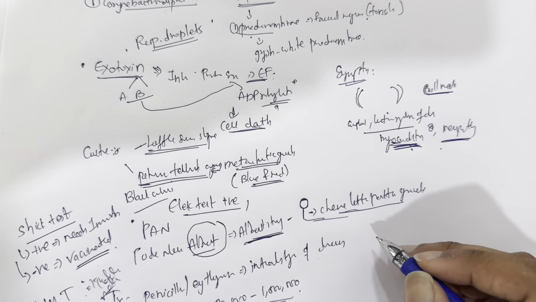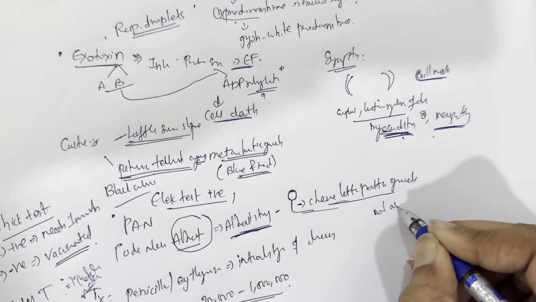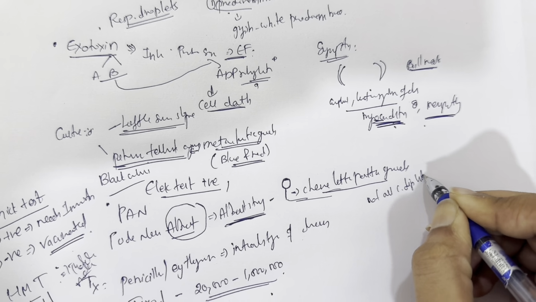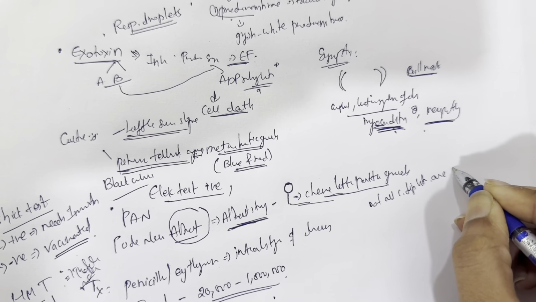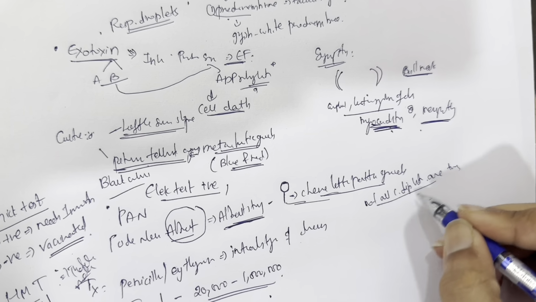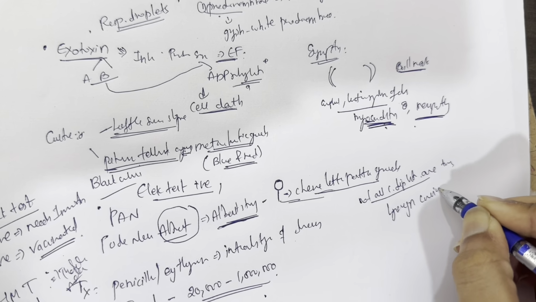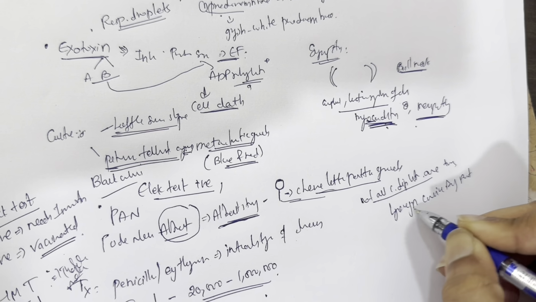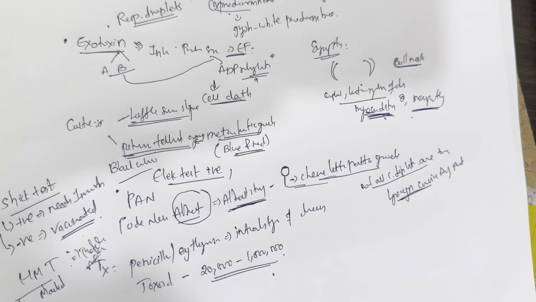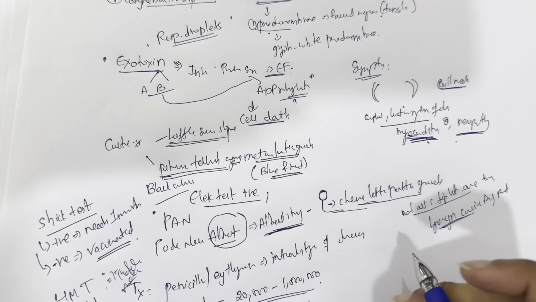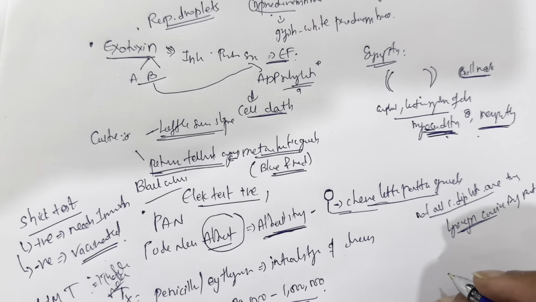Not all Corynebacterium diphtheria are toxigenic. The toxin is acquired because of lysogenic conversion by bacteriophage. This is an important point to remember: bacteriophage transmits the toxigenicity for diphtheria.